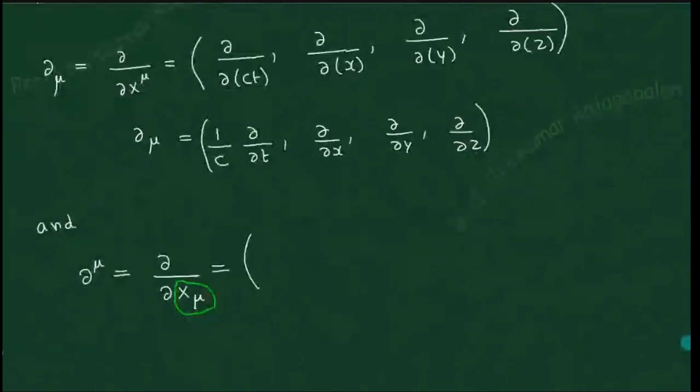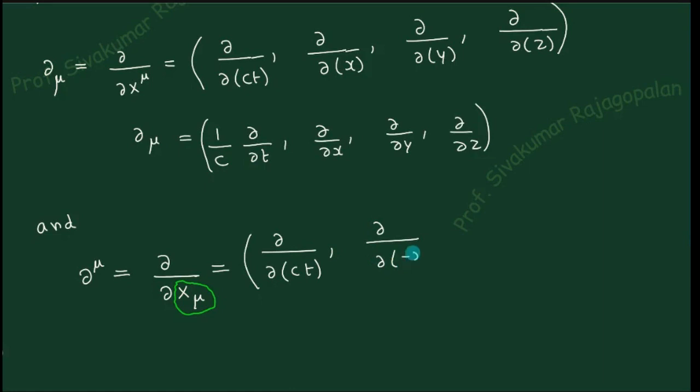That is equal to, as usual, the partial derivative ∂ divided by ∂ of the first element. First element is ct, comma, ∂ by ∂ of the second element. Second element is minus x. Third element is minus y. And the last, fourth element is also negative.